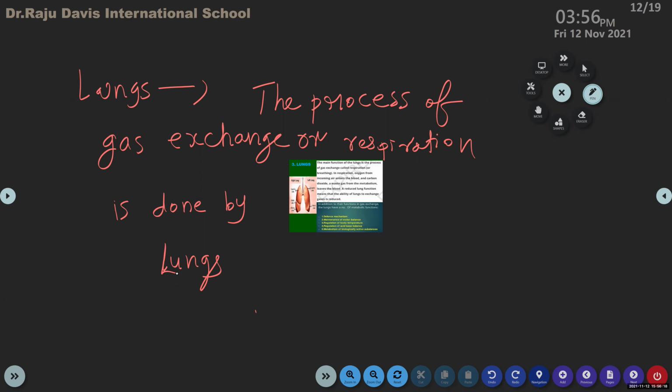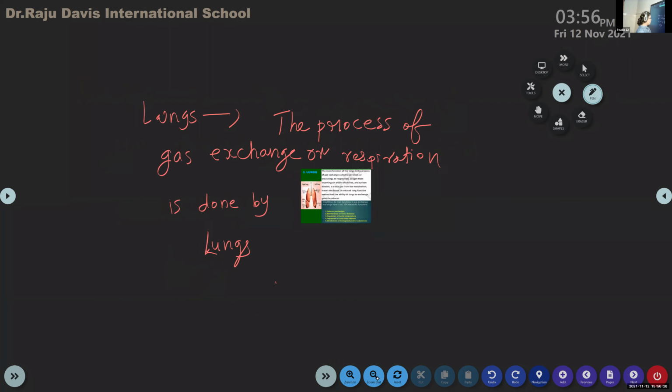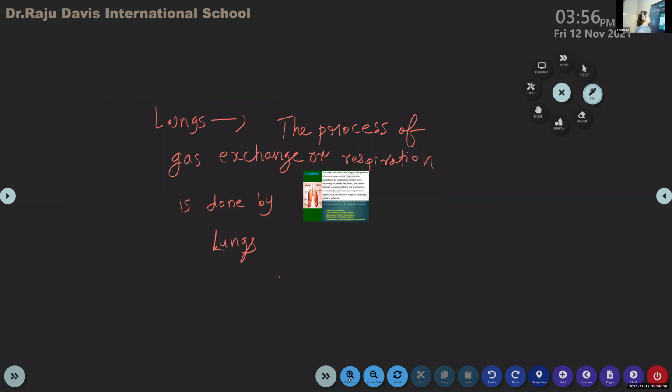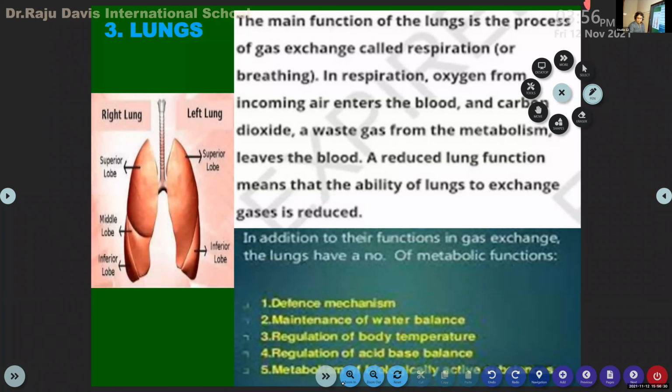Okay, children. So the process of gas exchange or respiration is done by lungs. Let us now see what the parts of the lungs are. So children, in your book, the lungs are given with different chambers, but I am giving a little more detail about it. A lung has 3 parts mainly. We call them chambers.